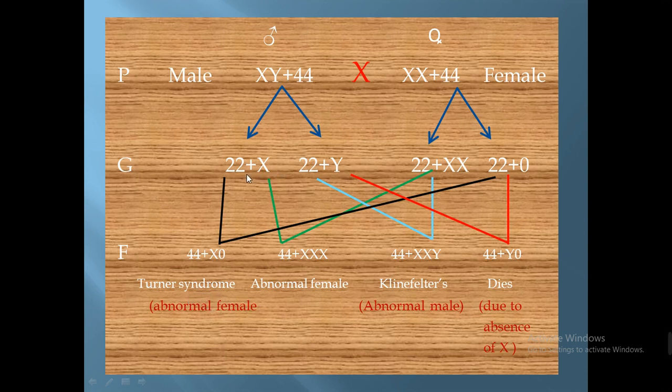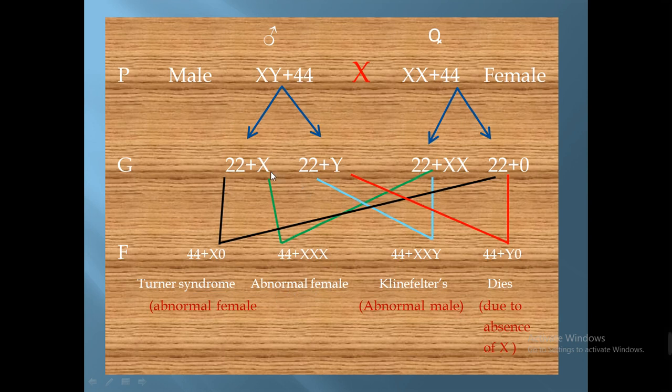Okay, if this sperm makes a fertilization with this type of ovum which contains two sex chromosomes X and X, it will result in 44 plus XXX. The normal is 44 plus XX. So there is an extra X chromosome here, which results in an abnormal female, and we will not study this case.